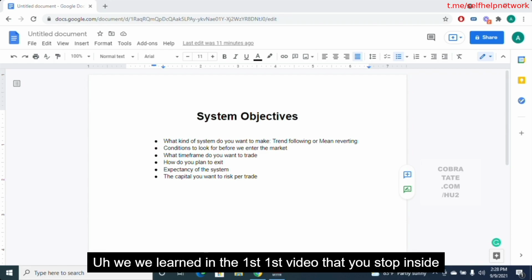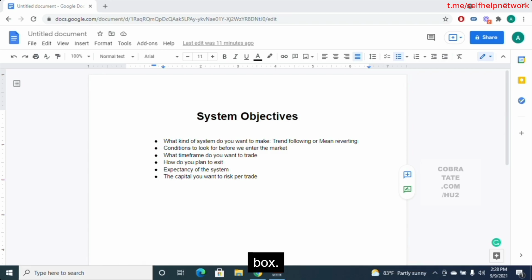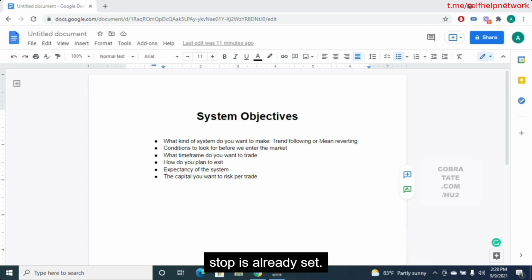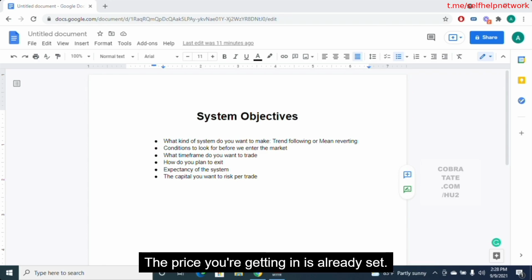We learned in the first video that your stop inside the box system is always below the first zone inside the box. So any trade you take with the box structure, your stop is already set. The price you're getting in is already set.